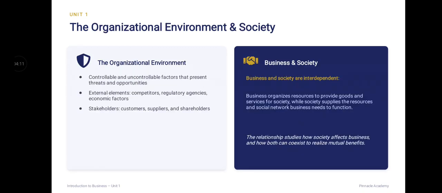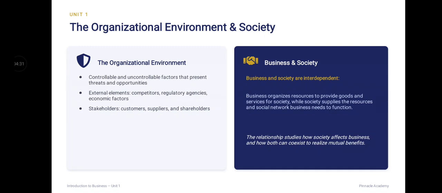Let us now go on to look at business and its society. Business and society need each other. A business organizes resources such as land, labor, and capital to provide goods and services that society wants.